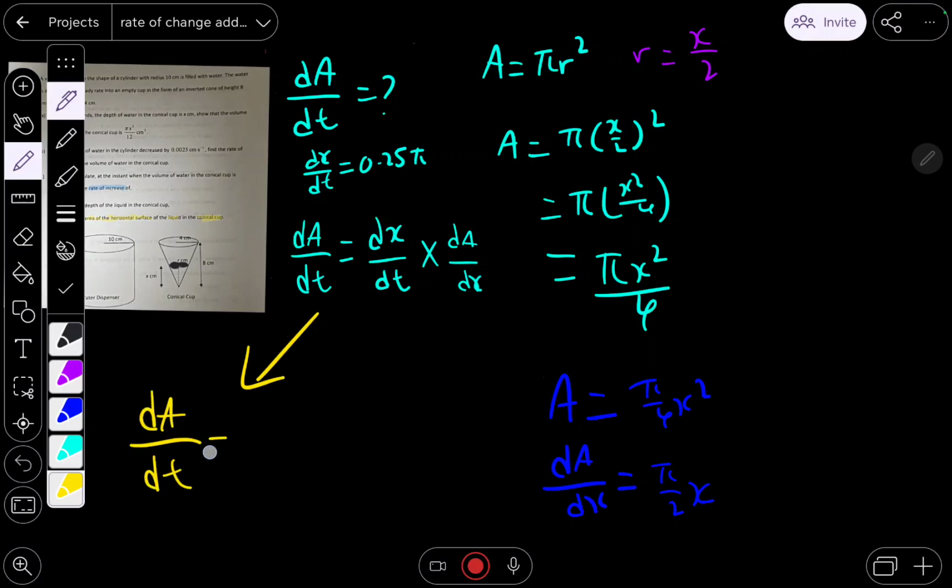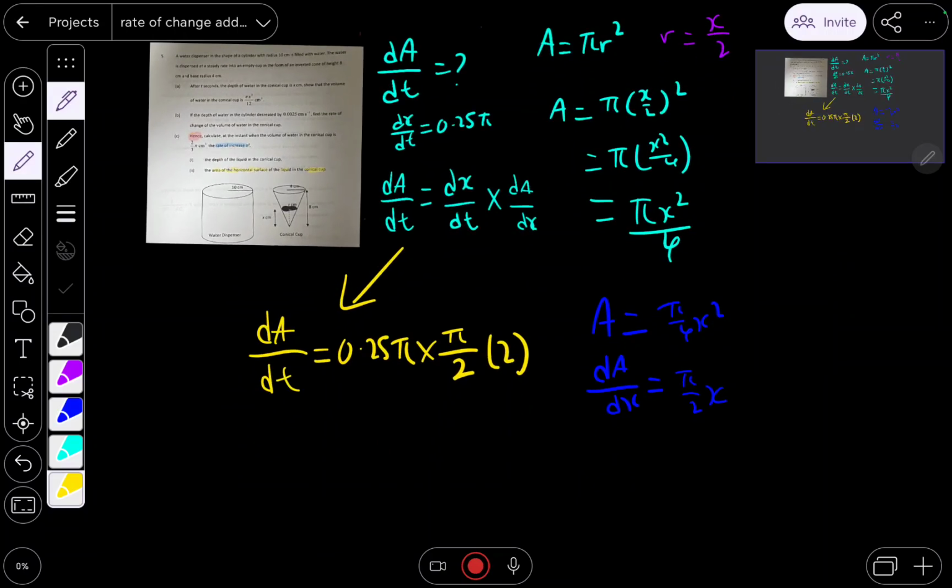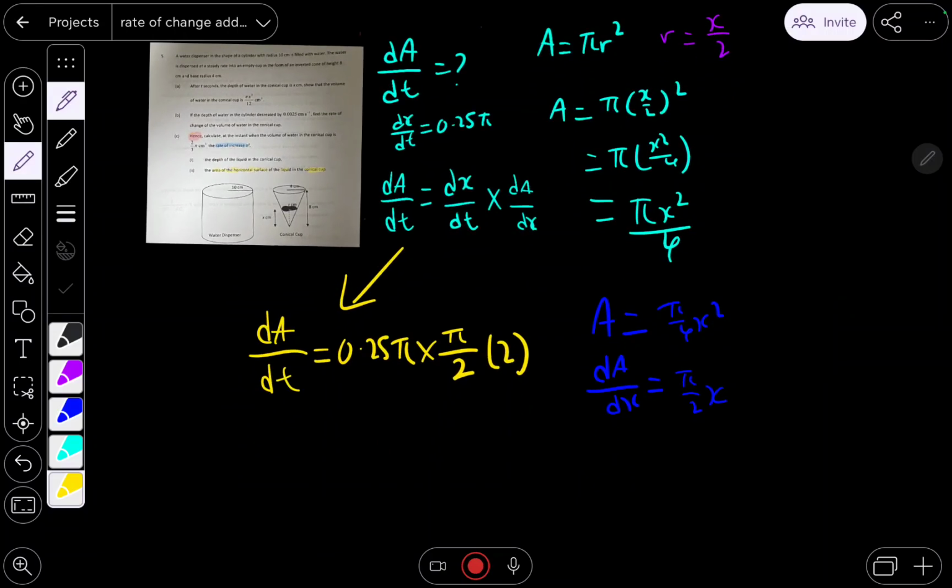So dA over dt, this will be 0.25 pi times pi over 2. Okay, and what's your x? We have found earlier that your x is, if I'm not wrong, 2, right? Yeah, times 2. Okay, so now let's start to find out. 0.25, let's convert it to a fraction.